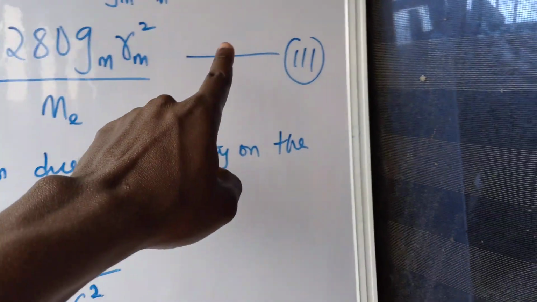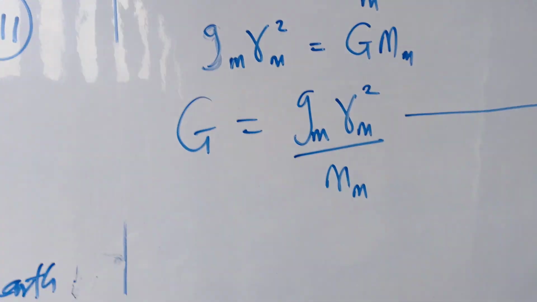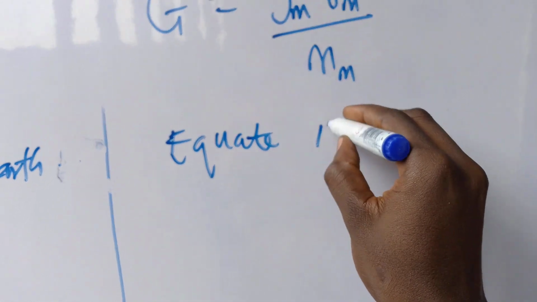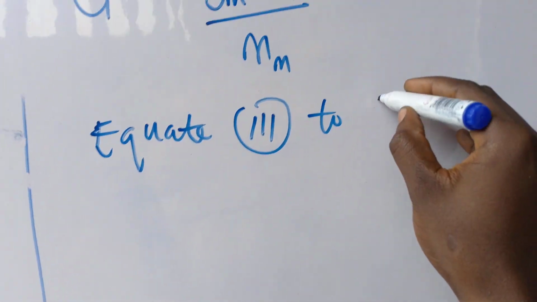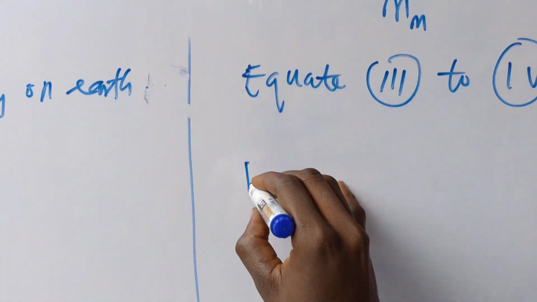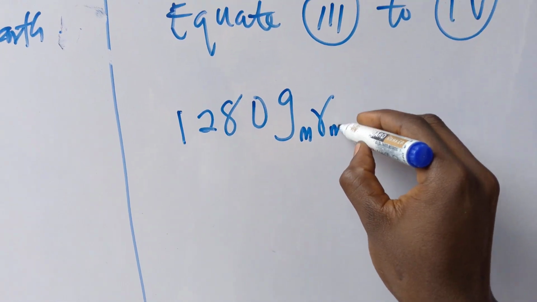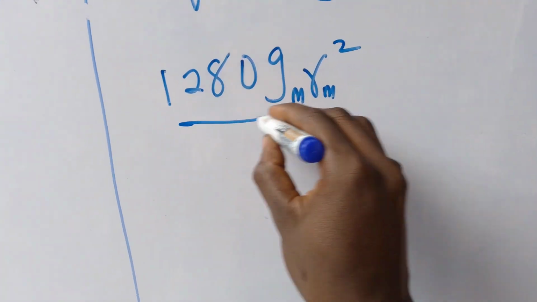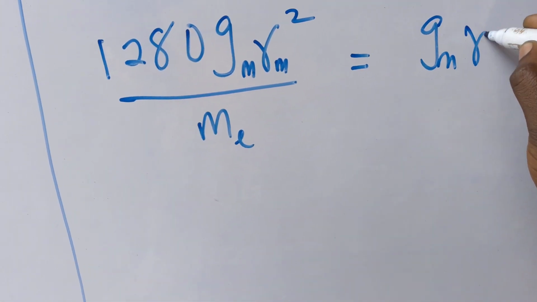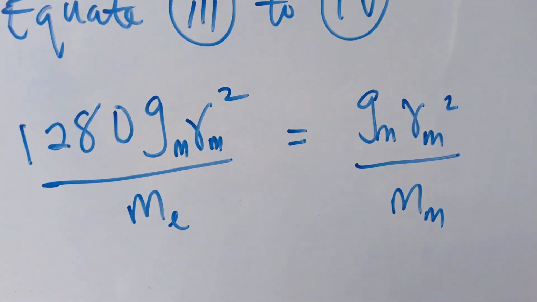Now we equate equation 3 to equation 4. So I'm having 1280 GM RM square over ME is equal to GM RM square over MM.